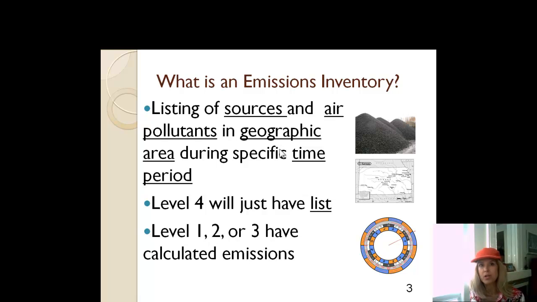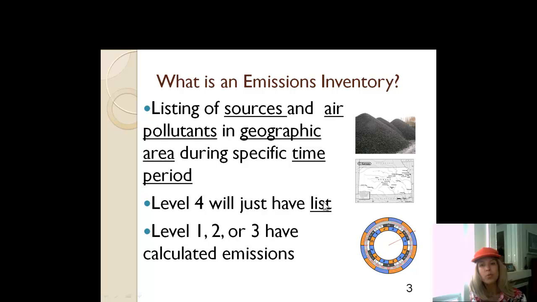So you may want to look at a 10-mile buffer zone, 20-mile buffer zone, 50-mile buffer zone, depending upon what kind of sources you've got, how far away they are, what the prevailing wind direction is, what the topography is. So in terms of the geographic area, that's something that's flexible, and you need to look at what is near you to decide on that.